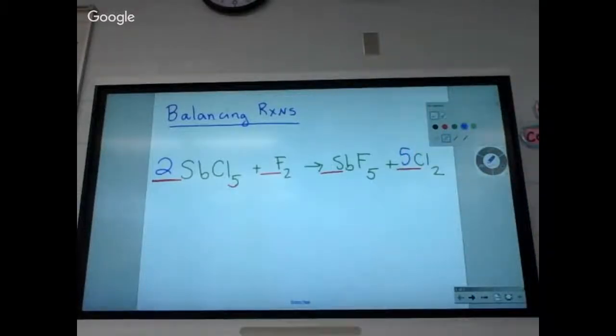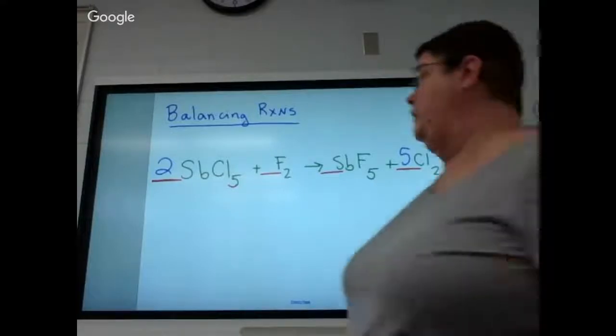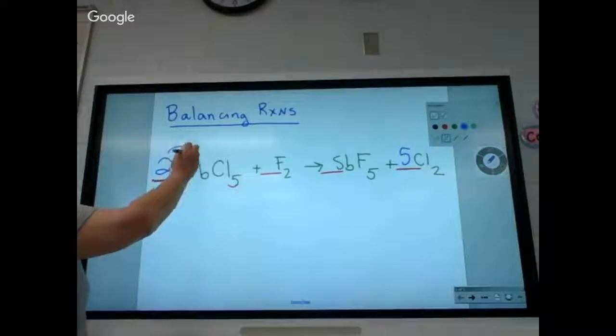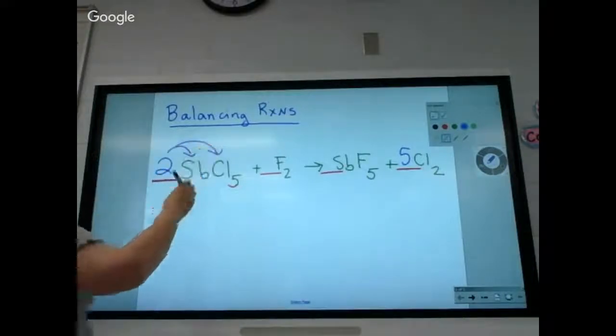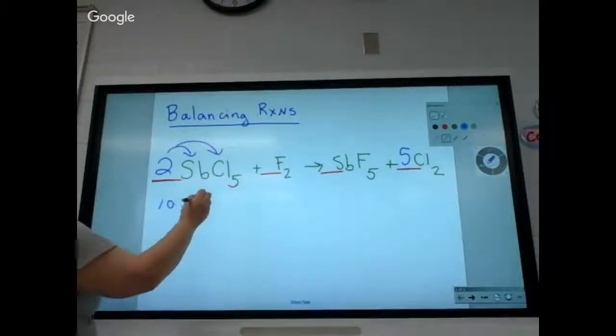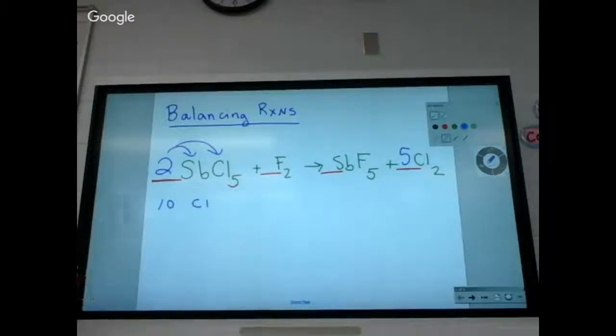Okay? Now, from there, you can either pick a completely different element or you can look at what you did over here. You put a 2 there. You made 10 chlorines when you did it, but it distributed, right?